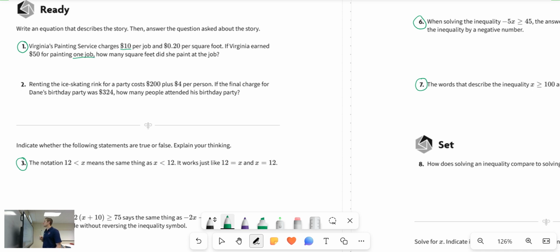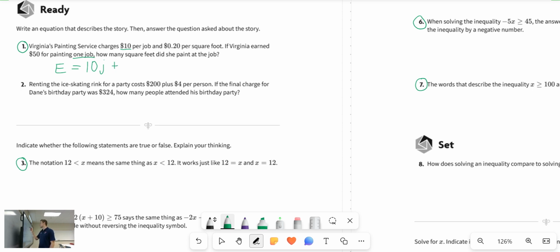So our equation that describes the story would be, well, let's see, she earned. So we're going to go with earned, E, right? Her earned money is $10 per job, or 10 times J, and 20 cents per square foot.